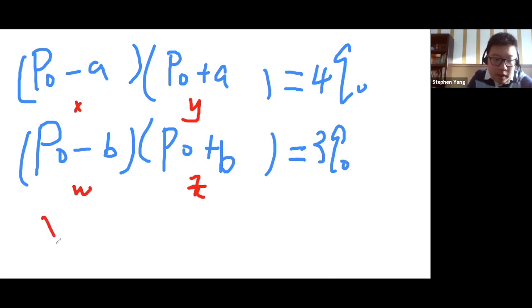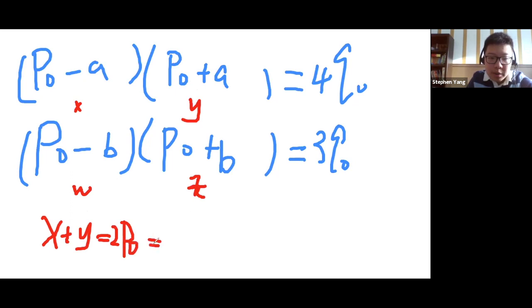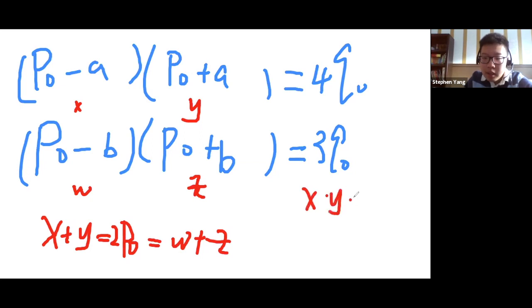So now you have X plus Y is equal to 2P0. Also, W plus Z is also equal to 2P0, which means X plus Y is equal to W plus Z. Also, X times Y equals 4Q0, and W times Z is equal to 3Q0.